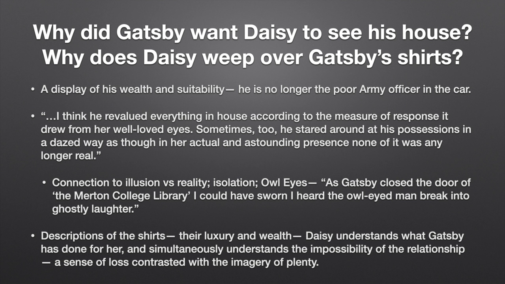She knows, just like Tom knows that he's not going to marry Myrtle, we see that Daisy in many ways is grieving beforehand for the loss of this relationship that she's going to have with Gatsby. So there's this sense of loss that is contrasted with the imagery of plenty and the imagery of wealth and the imagery of material goods that we have here.